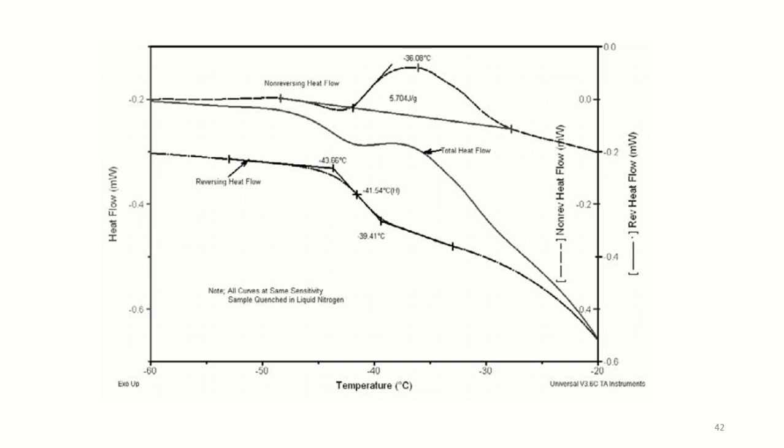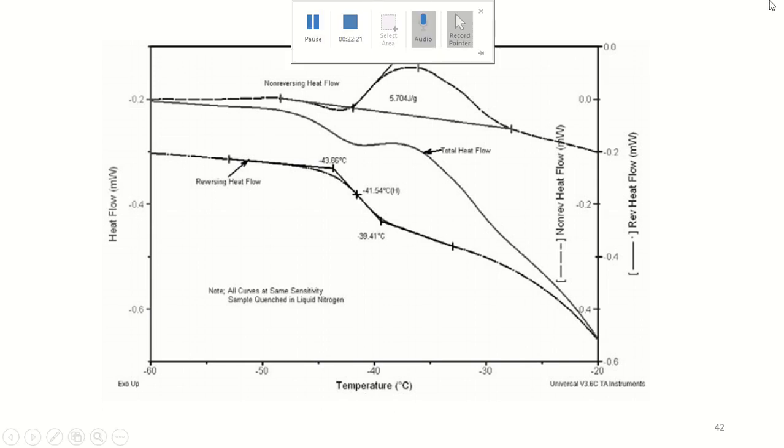Even in this close temperature range, modulated differential scanning calorimetry observes and records good results of heat enthalpy in the reversing heat flow from minus 60 to minus 20 degrees Celsius. The same is observed in the non-reversing heat flow. The observed enthalpy changes are quite close and are recorded by modulated differential scanning calorimetry successfully.